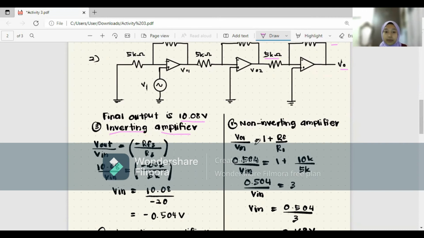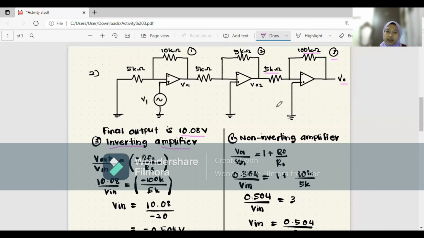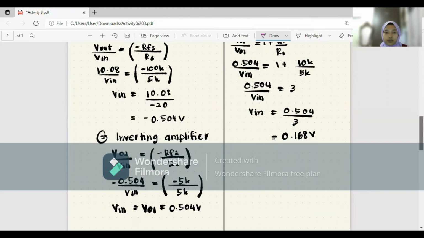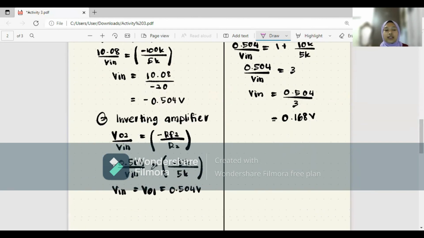This voltage input is also equal to the voltage output for the second amplifier, which is V output 2. So by this information, we can find out the voltage input for the second amplifier by using the information that we found just now.